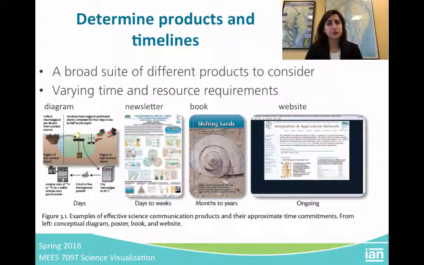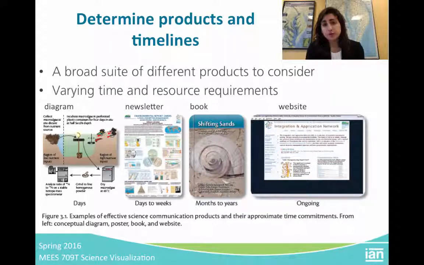Having a timeline is really important, and determining exactly what products you want to create. There are many products to consider, and each one takes a different amount of time or resources. The first one here in the example is a conceptual diagram, which you've done a few of so far. That can take you a matter of days, depending on how complicated it is and how much review there is. Then a newsletter.